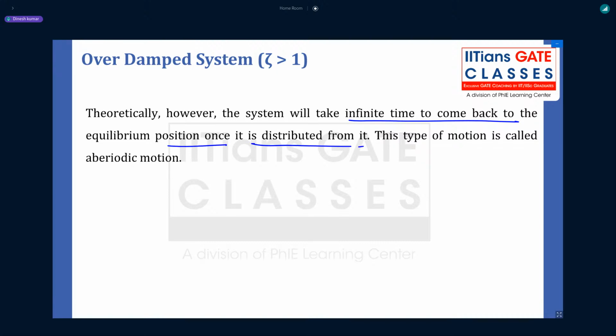Theoretically your system will take infinite time, and this type of motion is called aperiodic motion or non-oscillatory motion. So the overdamped system will have aperiodic or non-oscillatory motion.